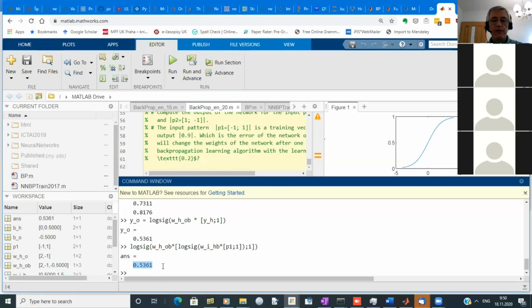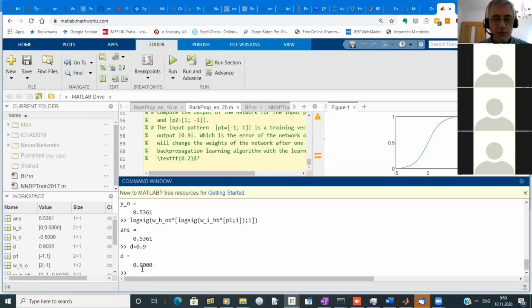So what is the value for the error function? Please compute the error for this pattern when we know that the desired output is 9/10. If you know the answer, raise your hand, please.